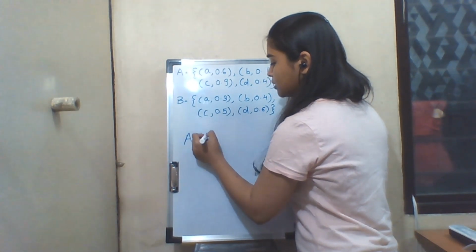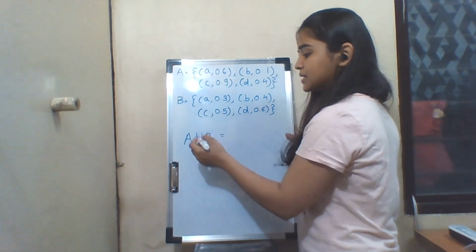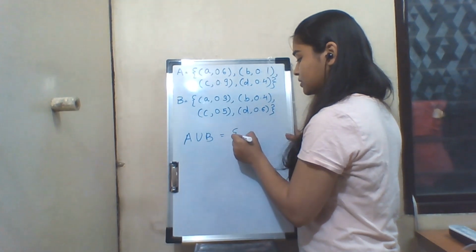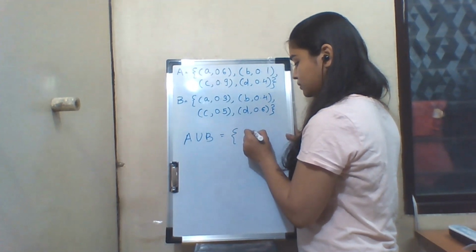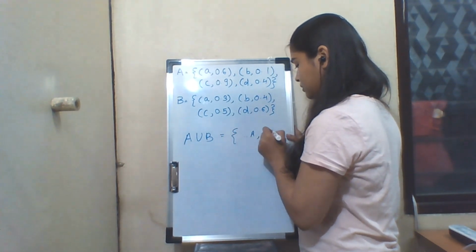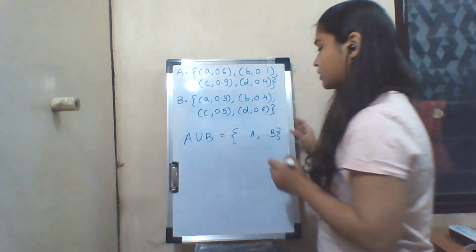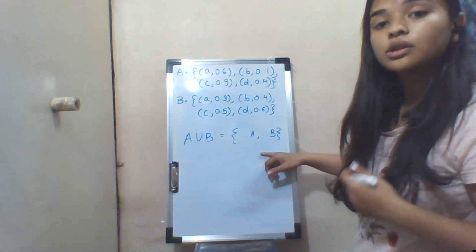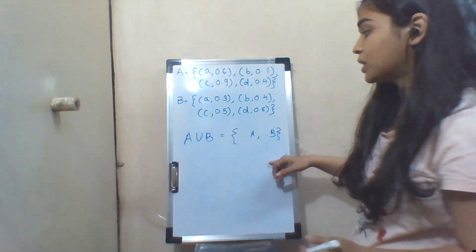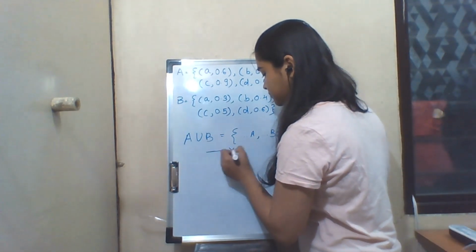Usually, on normal sets, we simply take all the elements of set A and all the elements of set B, and put them together in a set which is the union of these two sets.